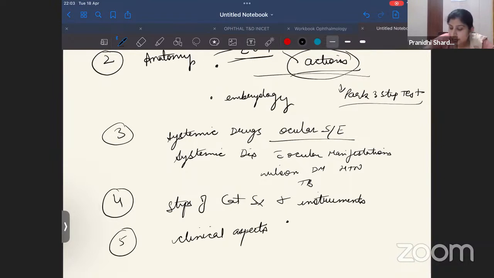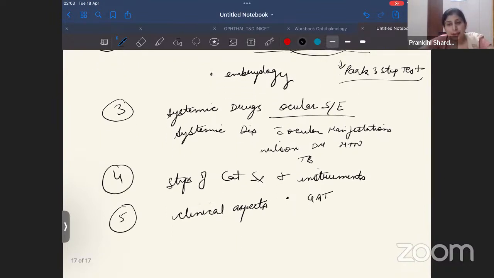The procedures like how do we measure IOP, how do we use Goldmann applanation tonometer? Okay, how do we perform the surgery of the chalazion? It can be asked. How do we do OCT? What are the clinical aspects of the FFA? So these are clinical, because clinical questions are being asked. So these are some of the important topics.